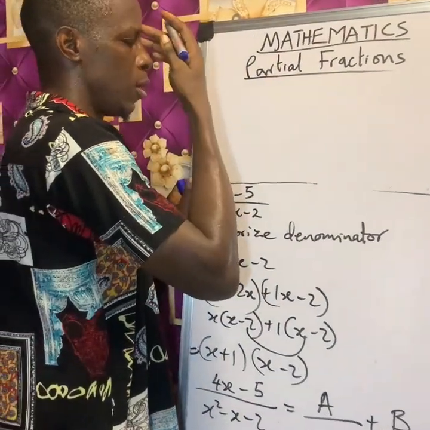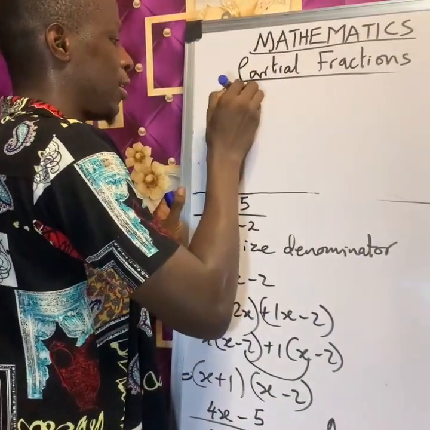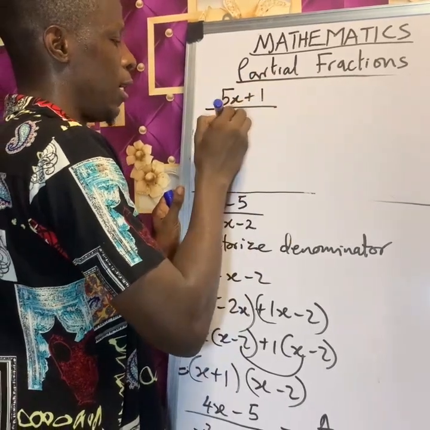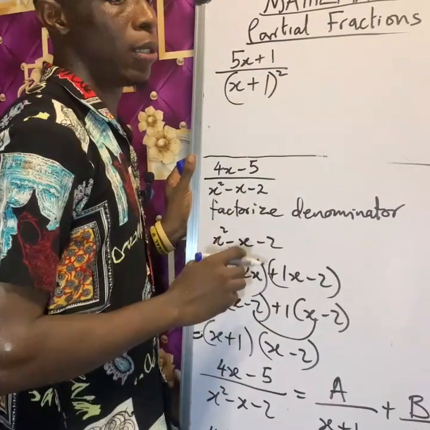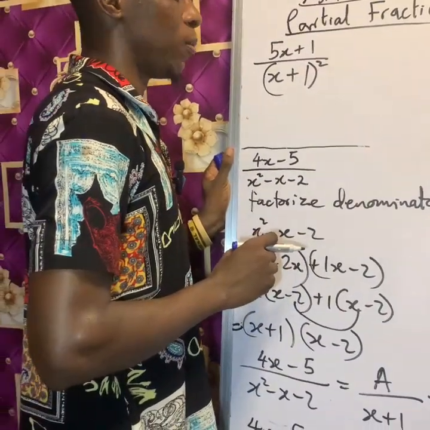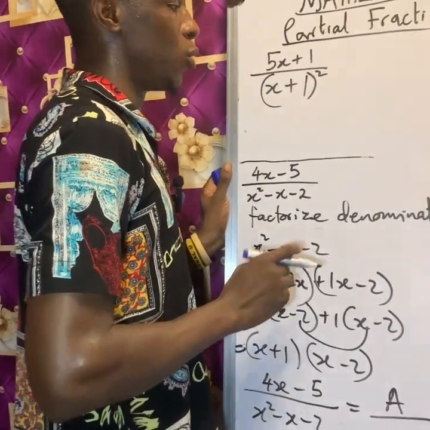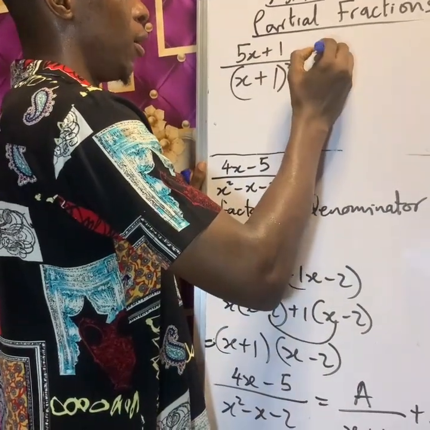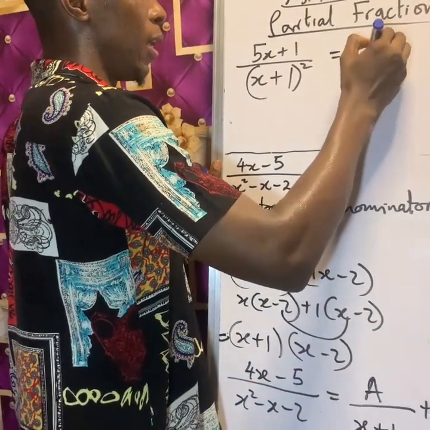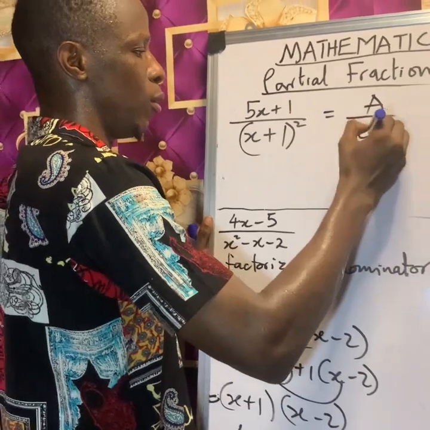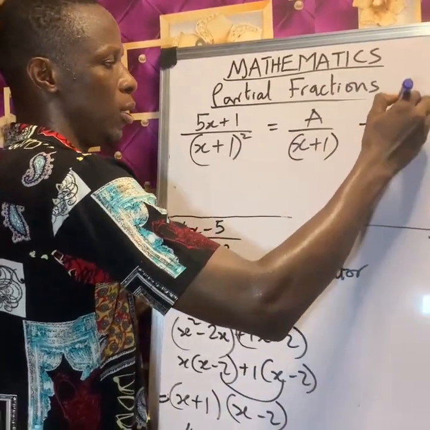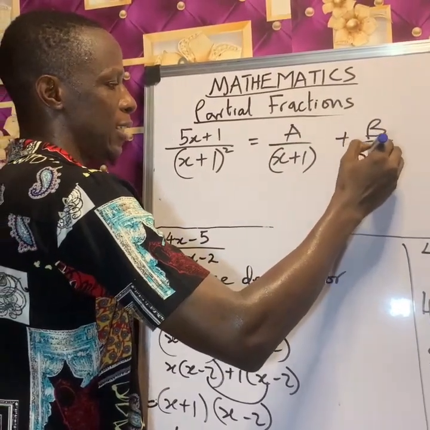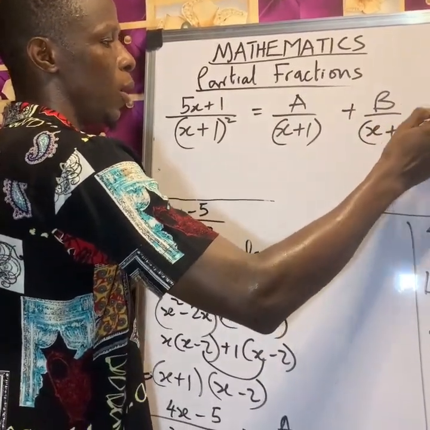Let's say 5x plus 1 over x plus 1 square. So in this case, we have equal to a over x plus 1, plus b over x plus 1 square.